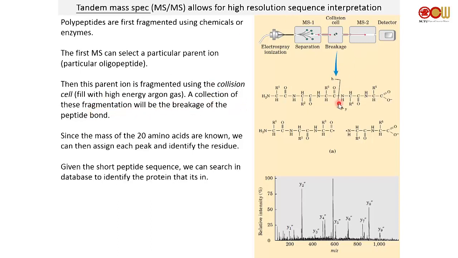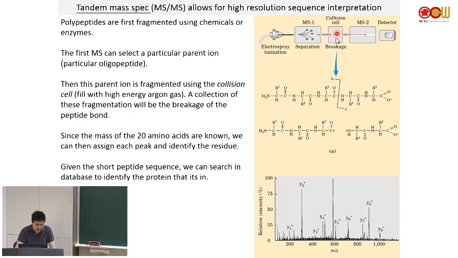So you know that some of these fragments that you get from the collision cell will be subsets of small peptides from the parent ion. And since the masses of the 20 amino acids are known, essentially you can very easily calculate what the short polypeptides would be. Okay, for example, if it's glycine plus alanine, you know a particular mass.